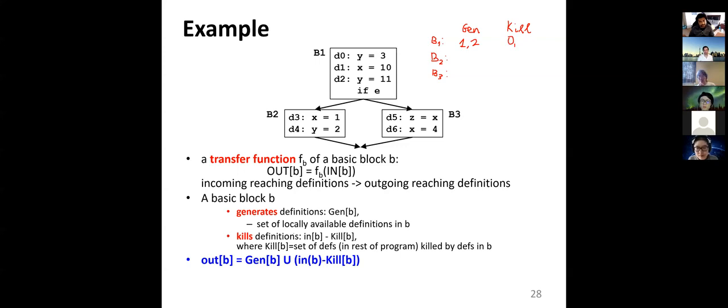Look at it formally. It says definitions in B minus QB. It says kill B is essentially a set of all definitions in the rest of the whole program that are killed by definitions in B. Does it kill 0? That's correct. What else does it kill? So Al said 3 and 6. 3 and 6 are correct, but is it?